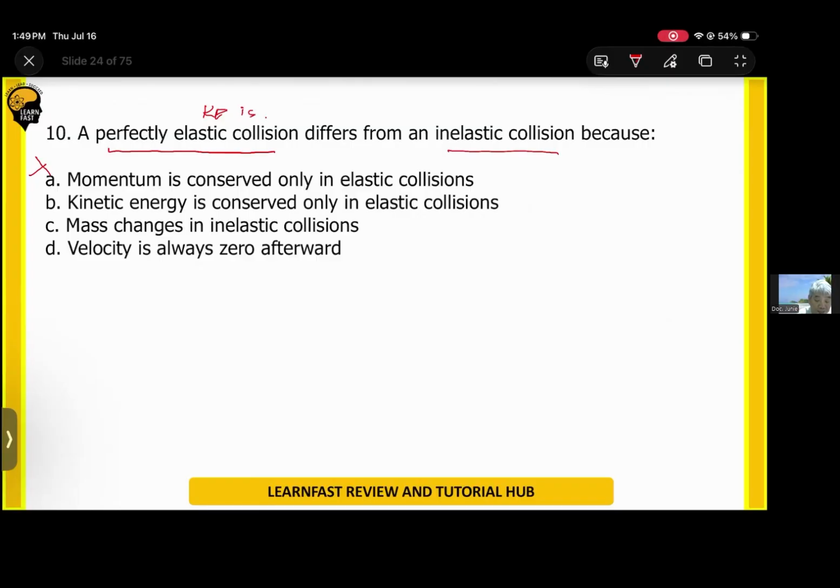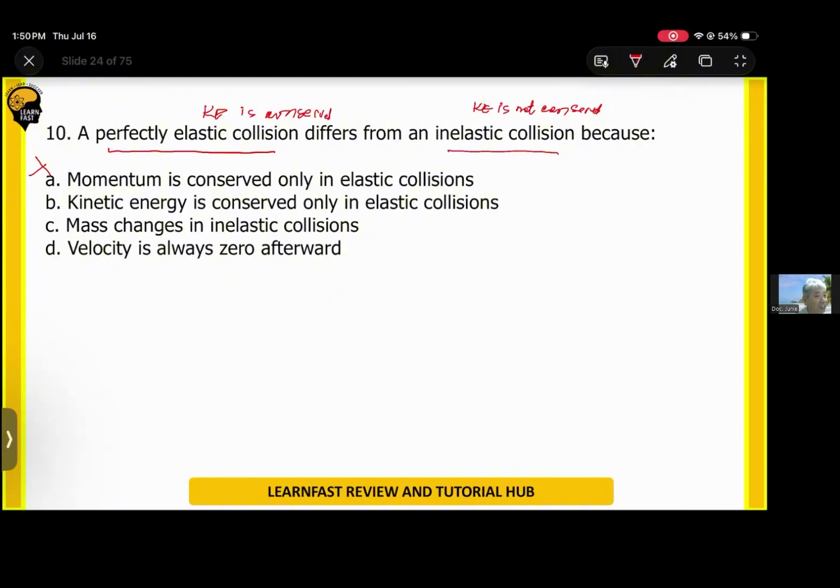Pag elastic, kinetic energy is conserved. But if you have inelastic, kinetic energy is not conserved. So let us decide now. The difference of elastic collision with respect to inelastic collision is what?